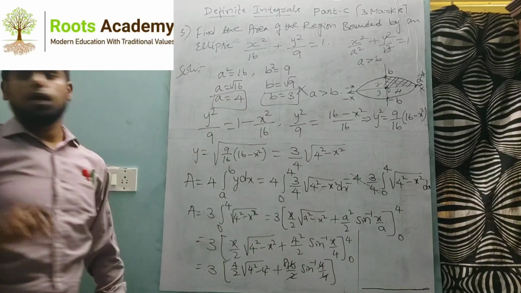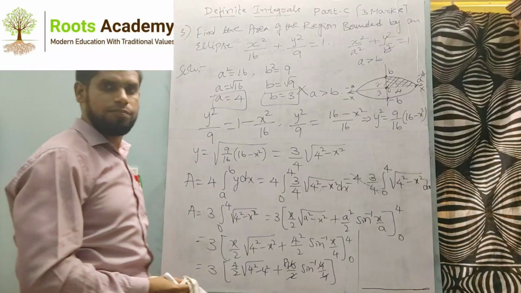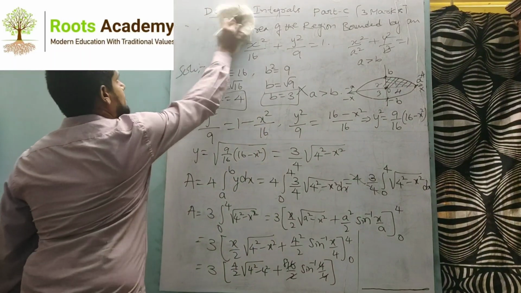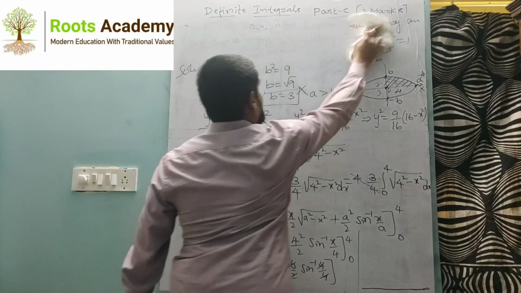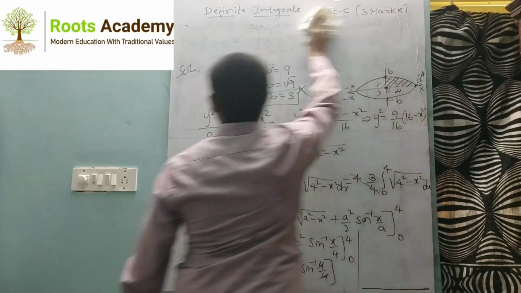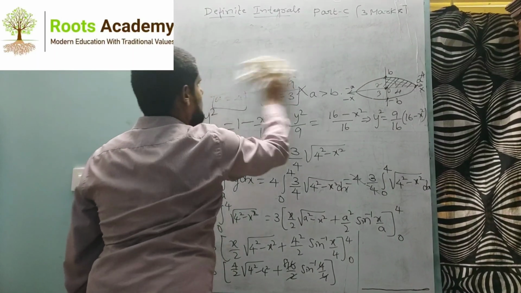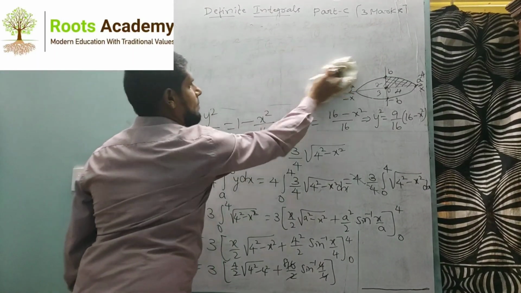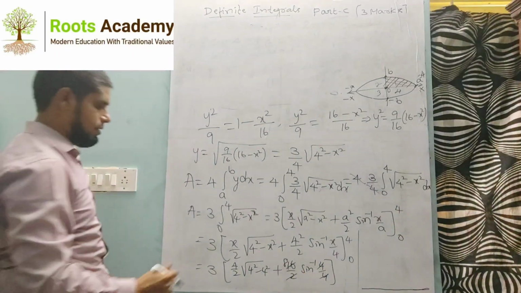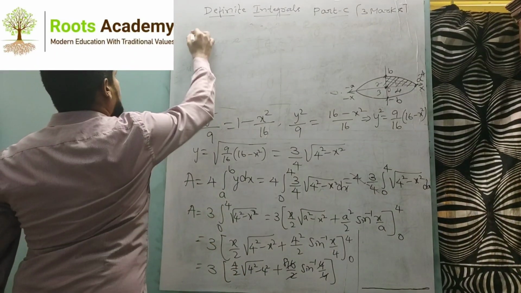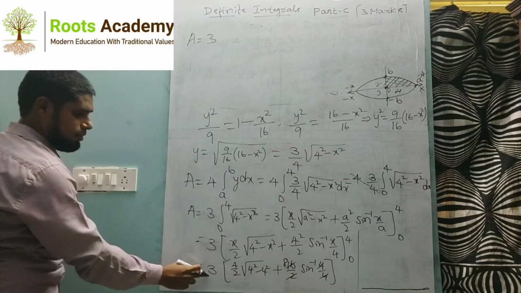Now student, I'll erase the question. Here I'll write a equals 3, this 3 as it is.